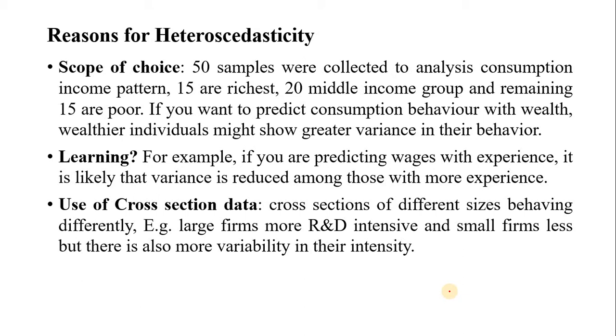If you look at the wage example with experience, it shows that it is likely that the variance is reduced among those with more experience. Those who have more experience, their variance will be very low. Those who have less experience, their variance will be very high.